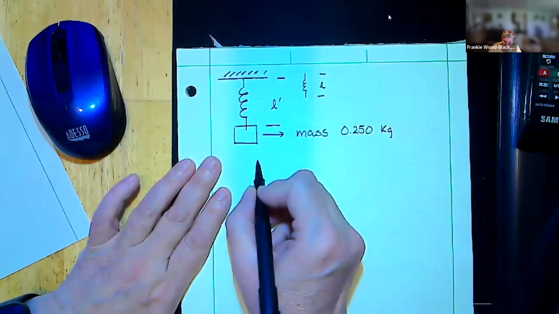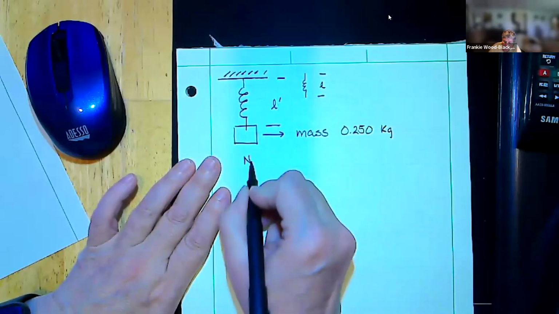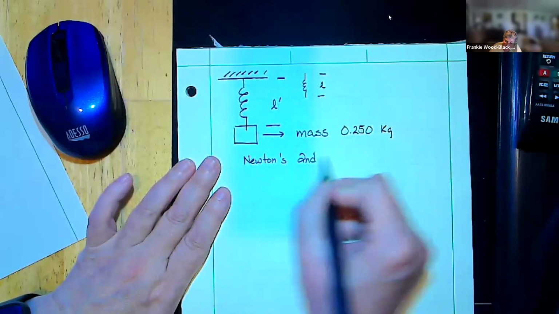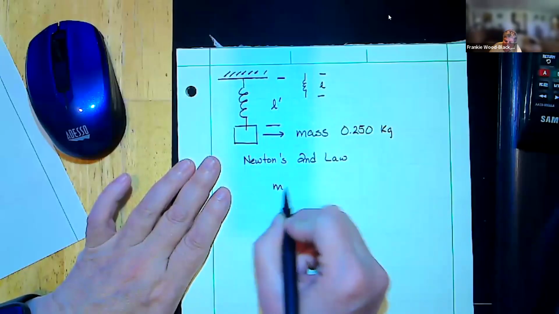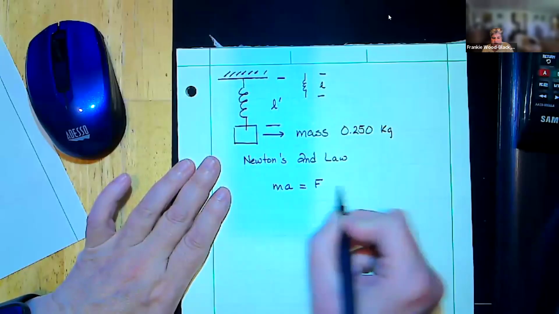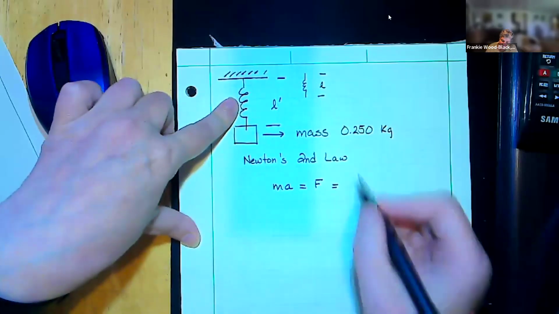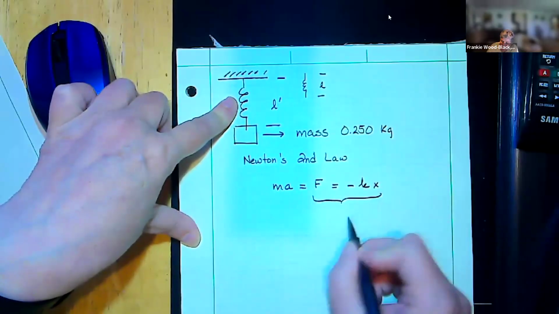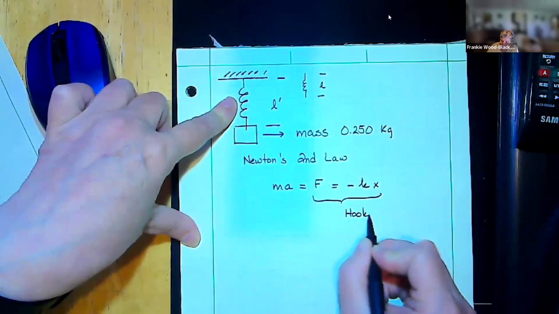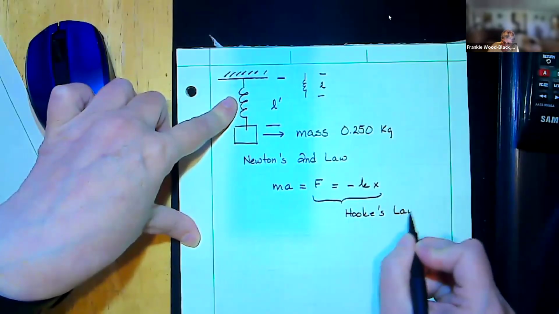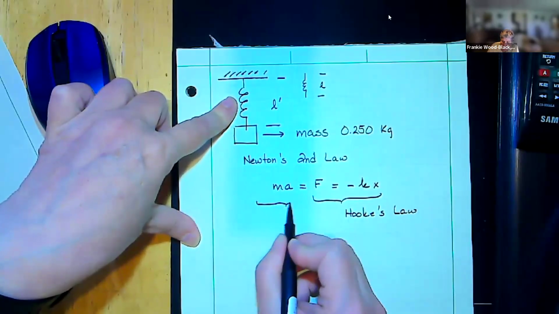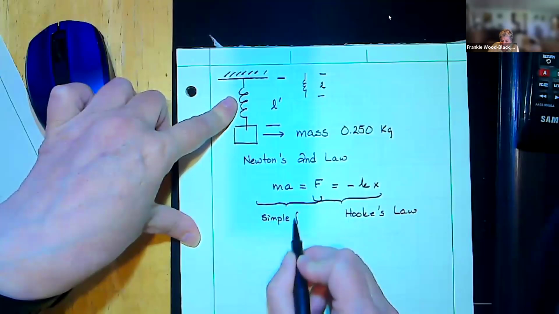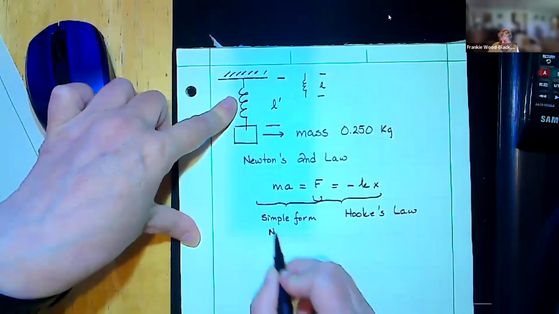And we used Newton's second law, which said mass times acceleration was equal to force. But then we said that with springs, we had something else, and we looked at it as Hooke's law. So this part is Hooke's law. And this part is the simplified form of Newton's second law.